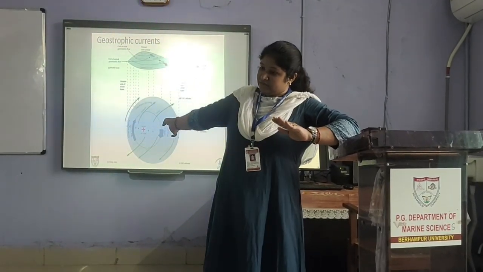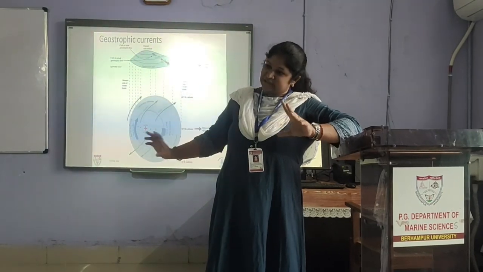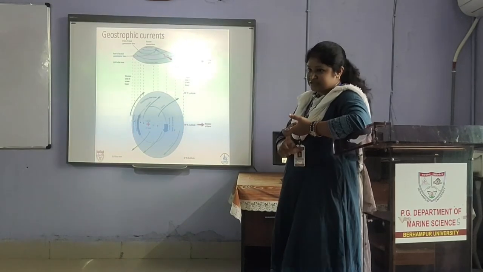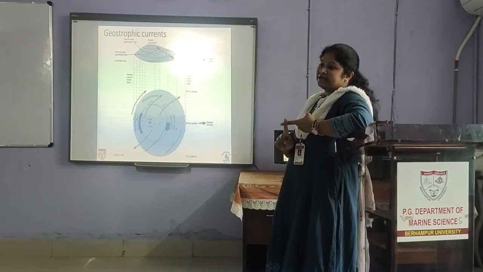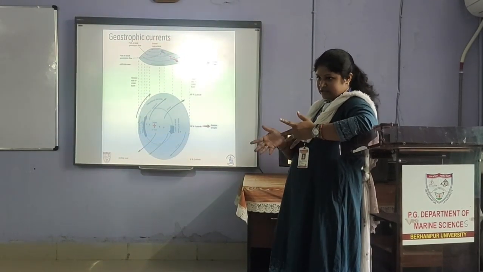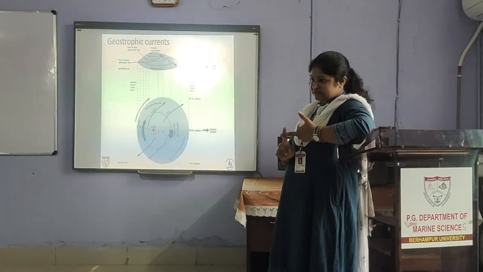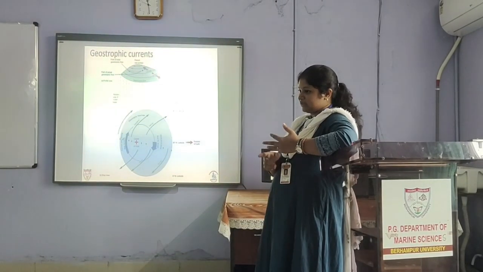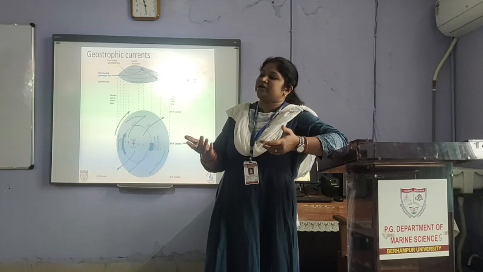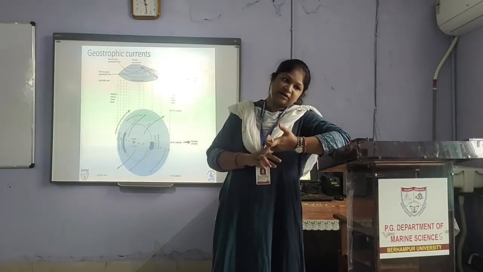But in the eastern boundary current, what happens? The depth is less. So the western boundary current will carry warm water, in a narrow area, with high speed, and the depth of the current is also high. Whereas in the eastern boundary current, what happened?